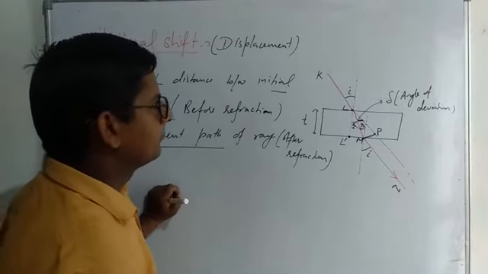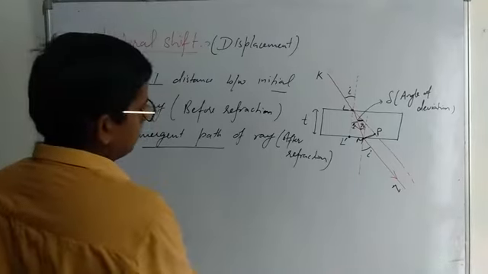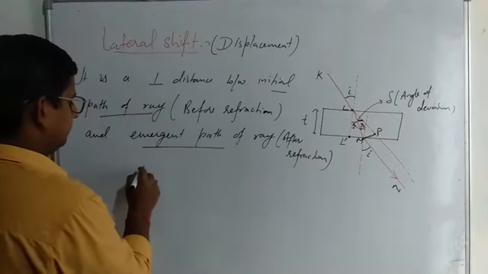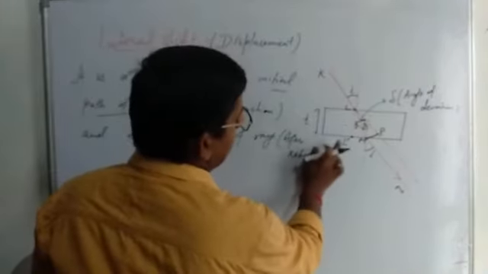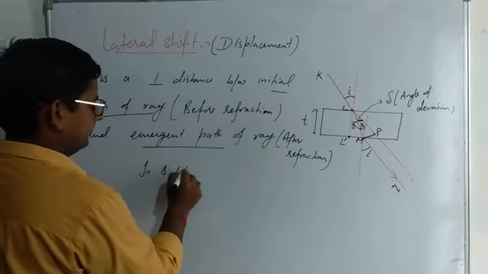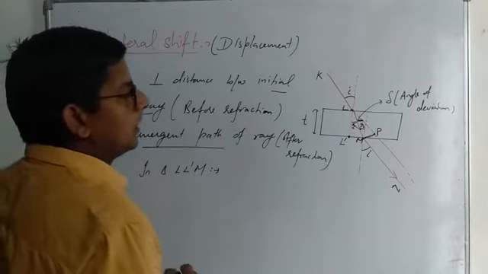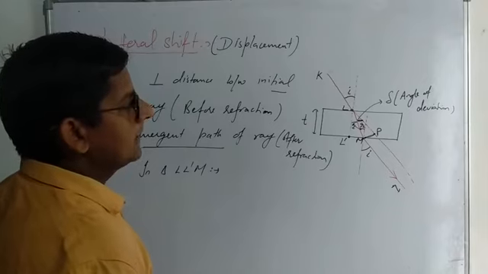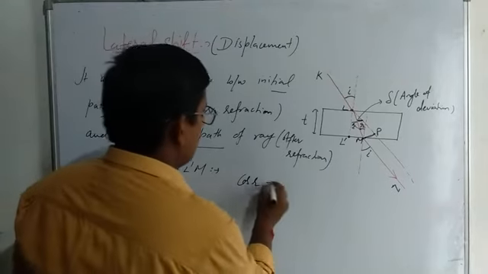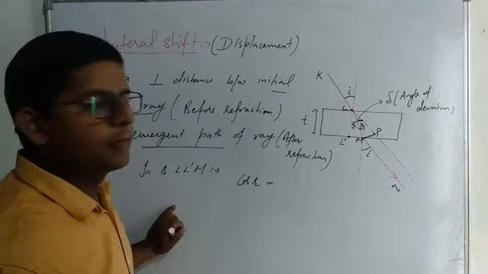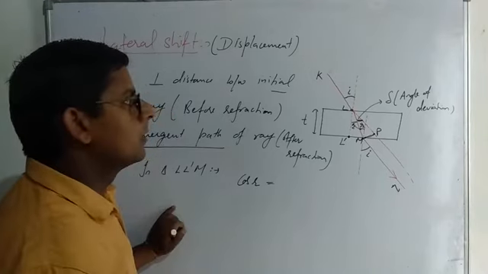Let me start. In triangle LSM, find the cos of R. What is cos by the trigonometric relation? Cos is base upon hypotenuse.